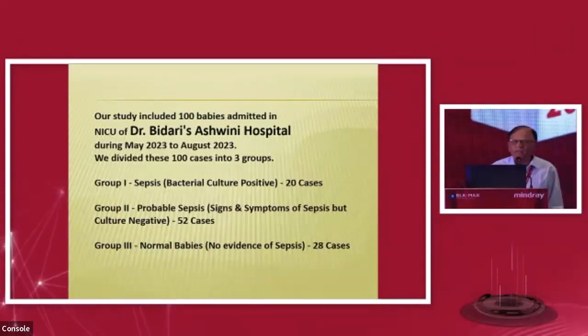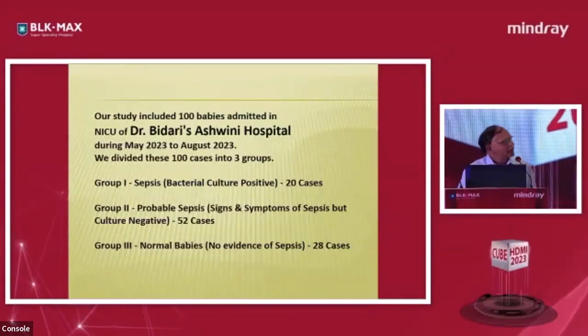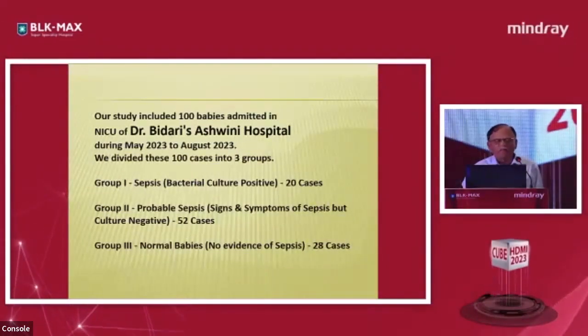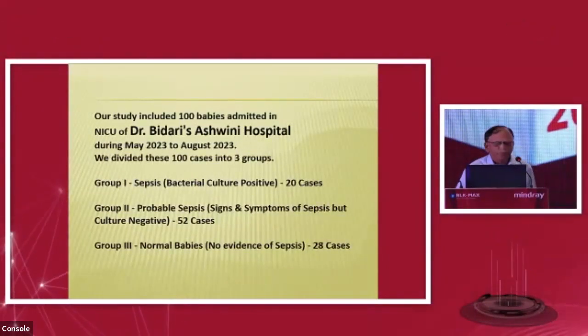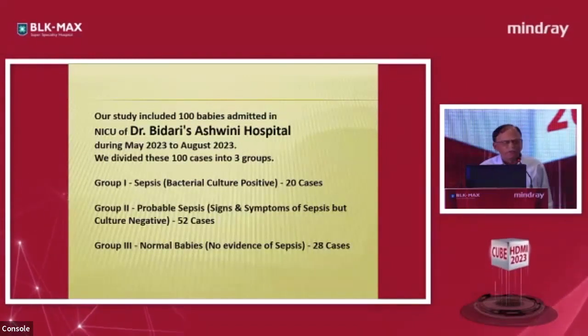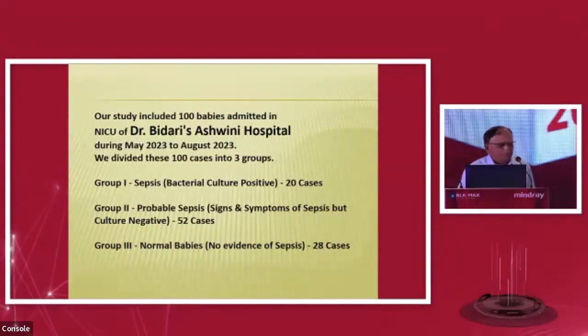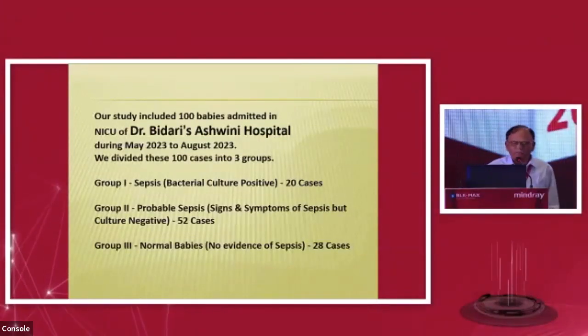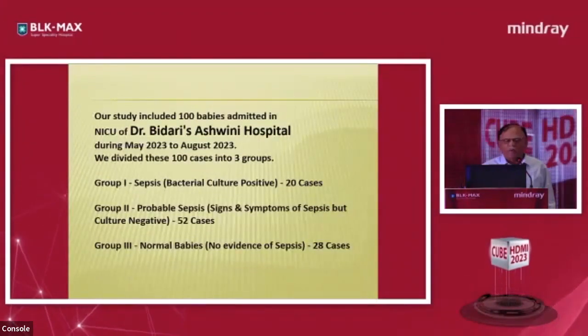We had 20 such cases. Then the second group had all the signs and symptoms of sepsis, but culture was negative. Such cases we had 52. And group 3 were normal babies, that is, no evidence of sepsis. So they were 28 in number.